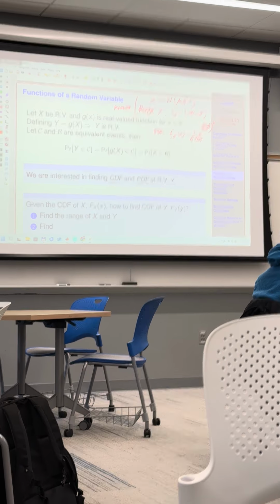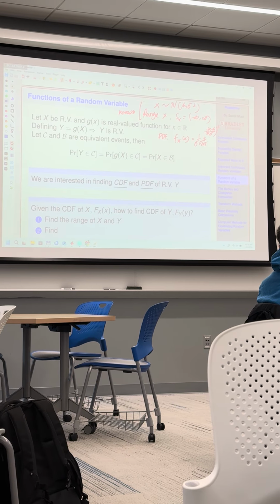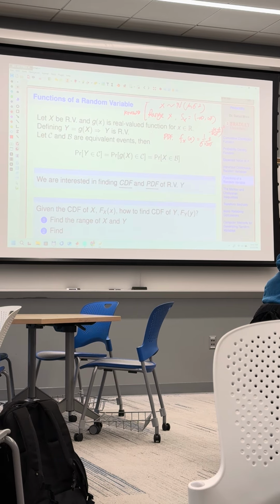So this is the PDF, and this is known. Another quantity that could be known is F sub X, which is the CDF. By definition, it is the probability that X is less than or equal to x, which is the integral from negative infinity to x of f sub X of s ds.